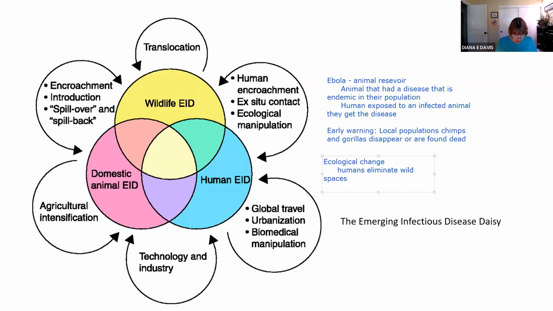We also see ecological change when there is some kind of ecological crisis. So massive storms, droughts, floods, volcanic action.